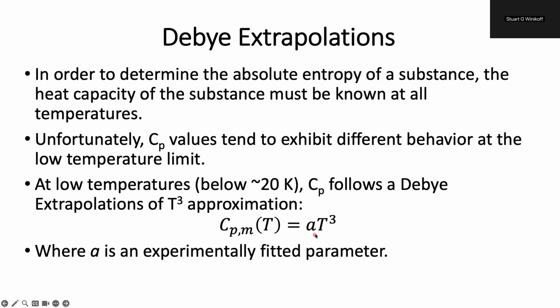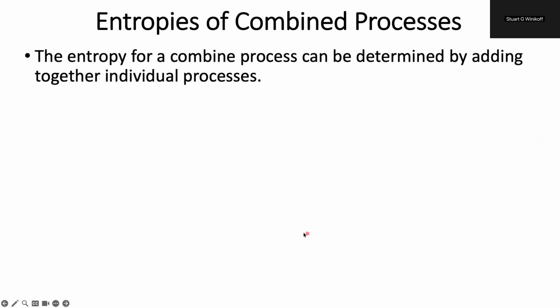Now, to do this, we also have a coefficient that needs to be fitted. So this is this A parameter. The only way to determine this is through experimentation, but if you have it, then you can figure out how the entropy changes as you go from 0 to 20, and then from there you can use the normal heat capacity.